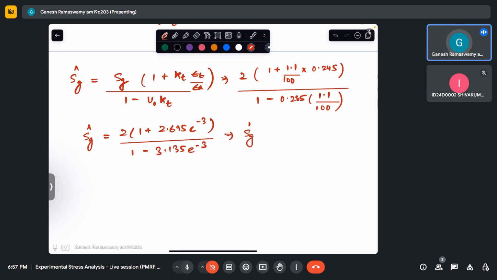So we have Sg equal to 1 minus this, into 2 into 1 plus 2.695 into 10 power minus 3. So this comes out to be 2.012.